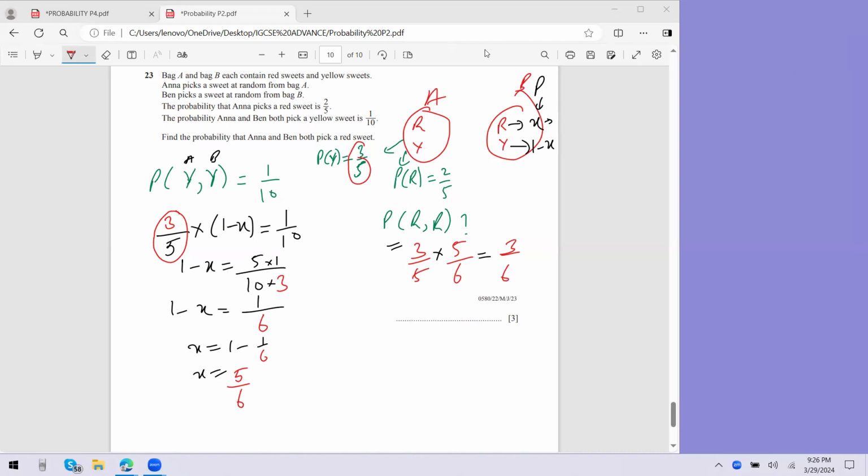Yeah, here also I made a mistake. This first being red is 2 by 5, and second being red will be 5 by 6. So 5 twos are 10, over 6 fives are 30. So that is equal to 1 over 3. Okay, sorry about the delay. Clear? Any question you can ask?